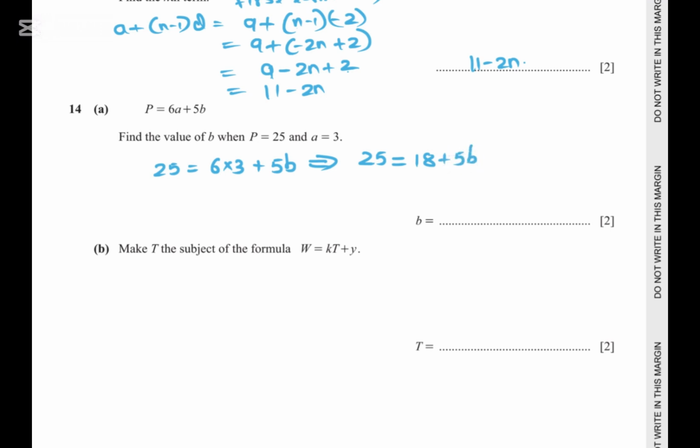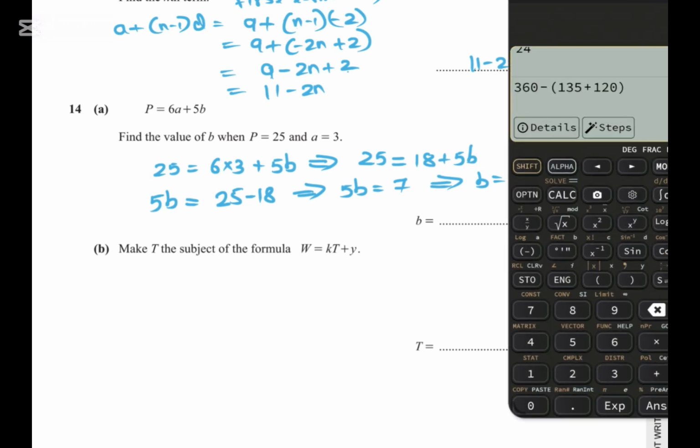Now keeping 5b on the same side, we bring 18 over by doing 25 minus 18, and here you get 5b is equal to 7. This gives you b is equal to 7 by 5.